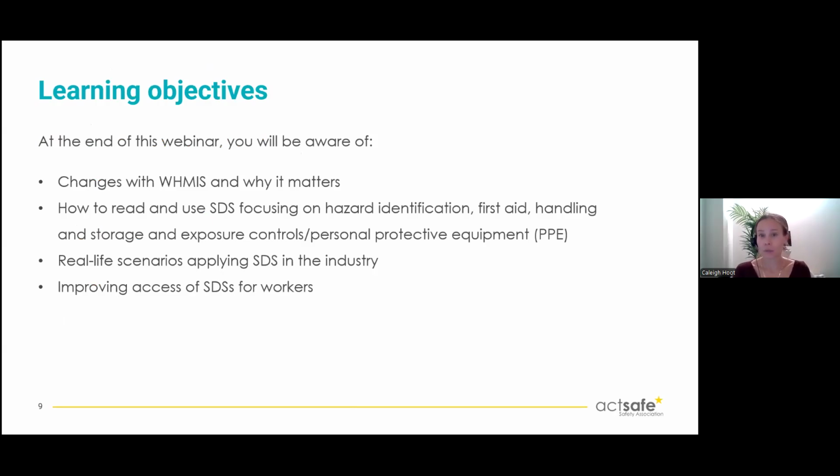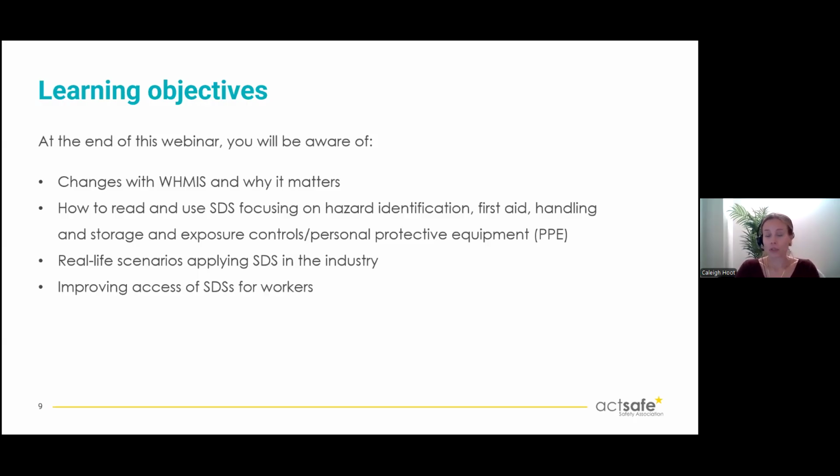We have a few learning objectives for today. At the end of the webinar, what we're hoping that everyone takes away is that there are some changes to our WHMIS, and why that matters. We want to show everyone how we can read and use SDSs, or our safety data sheets, to focus on hazard identification, first aid, handling and storage, and then exposure controls and personal protective equipment.